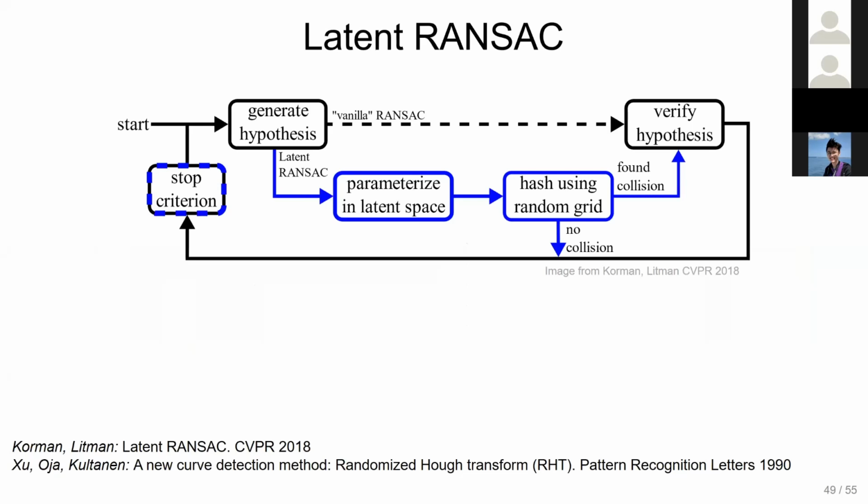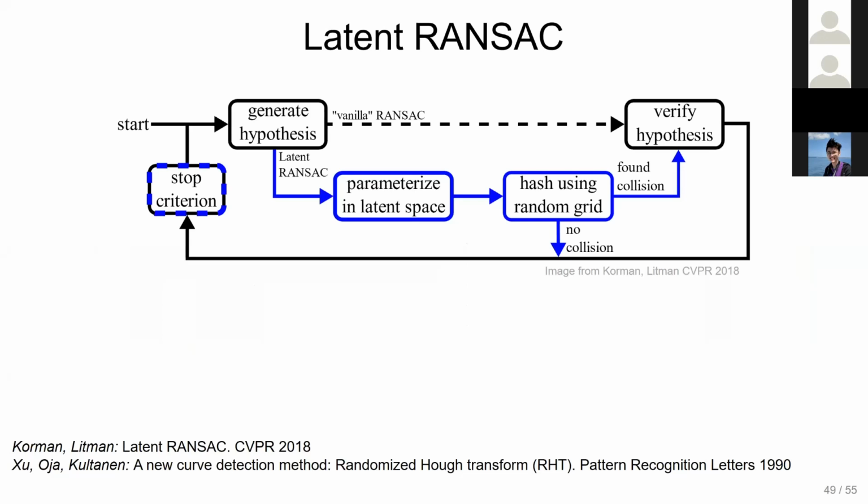I would like in this section to mention 2 more approaches. The first one is called Latent RANSAC, which basically does not go into the verification step unless you have randomly generated a similar model twice.